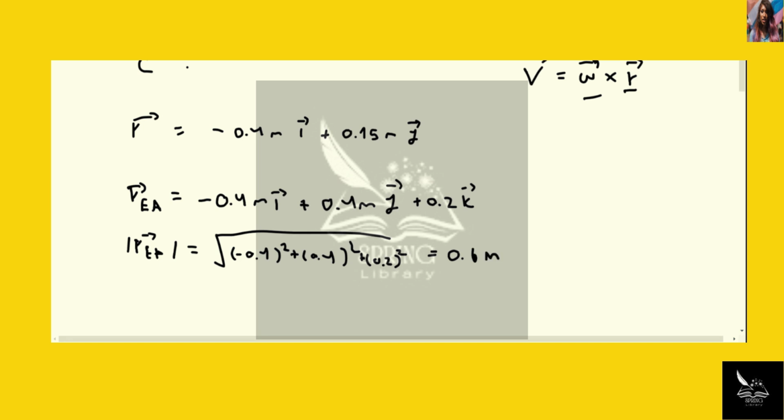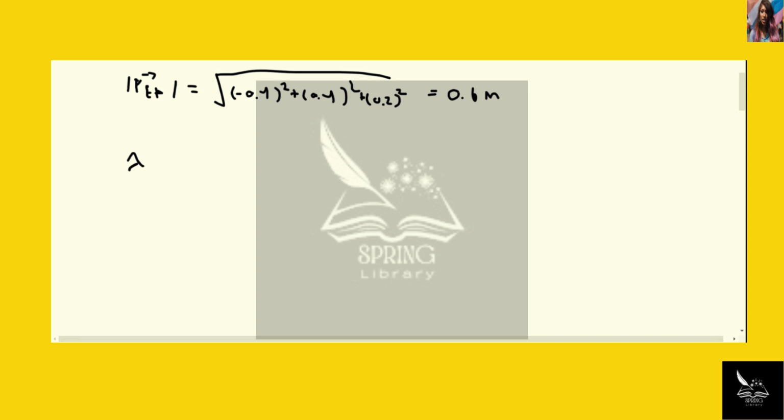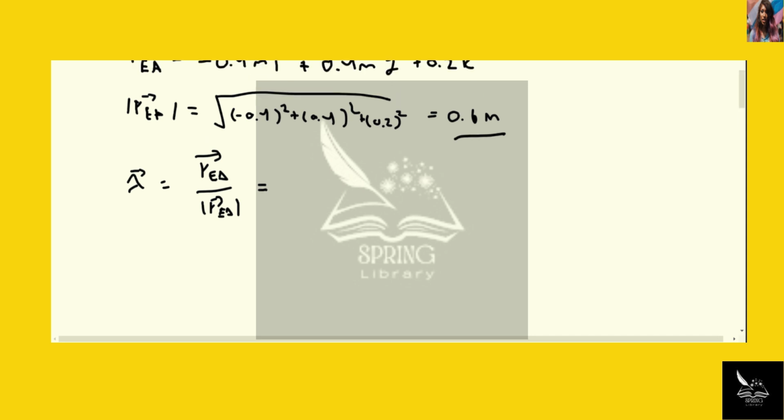So the unit vector, which can be named, for example, vector lambda, is the unit vector for the angular velocity. It is very important for this problem. It's obtained when we divide every component of the r EA radial vector by this number here. So we divide every number here, here, and here by this number, and we obtain this to be minus 2/3.